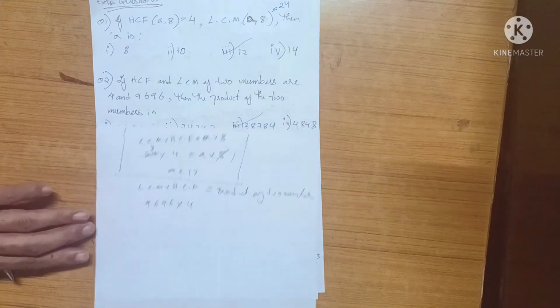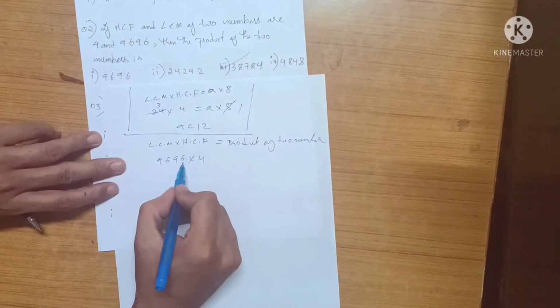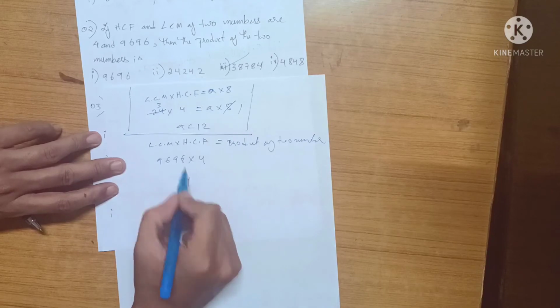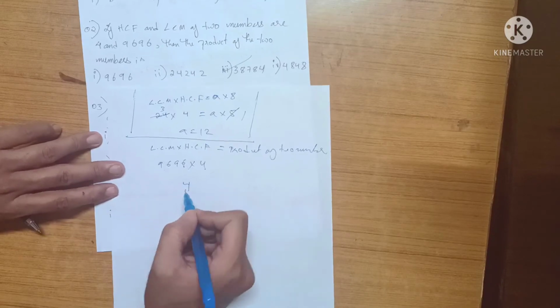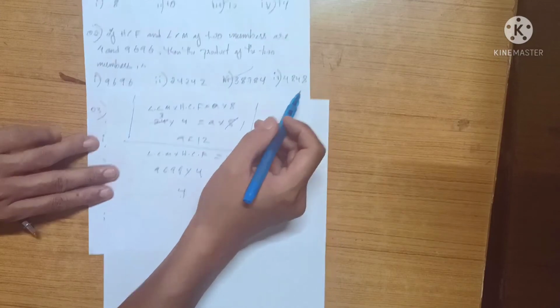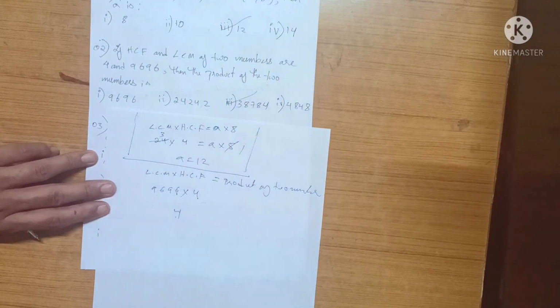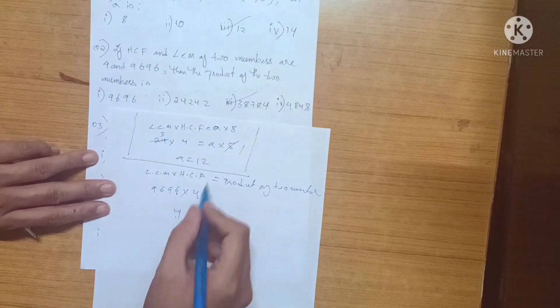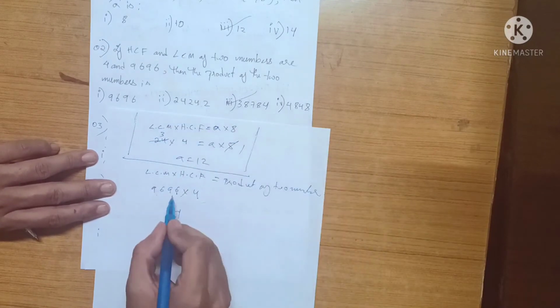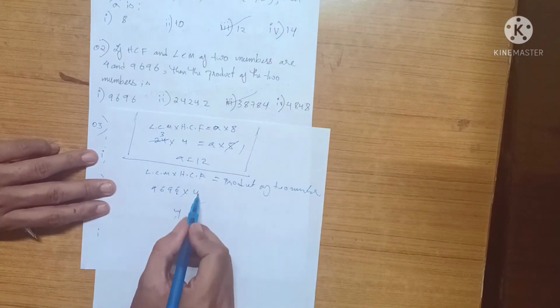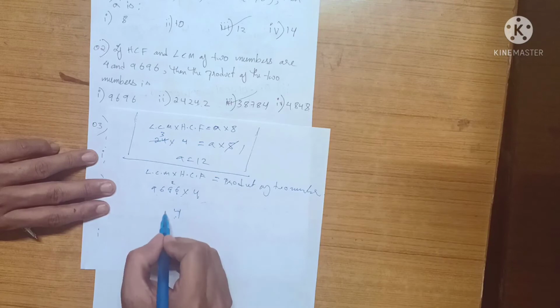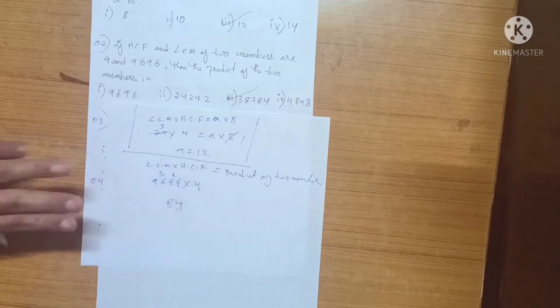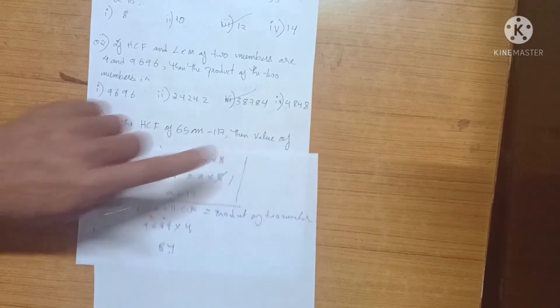See, this is a shortcut, like how to calculate. 6 into 4 is 24, so it ends in 4 when I multiply these two. So I can guarantee that this is the one, because the other options are not ending in 4.